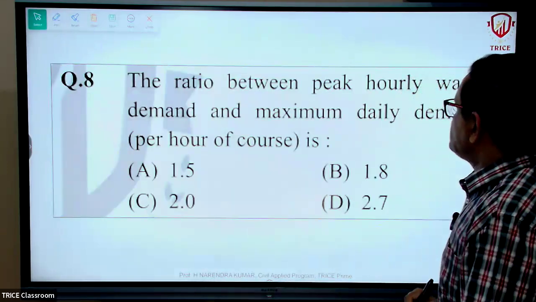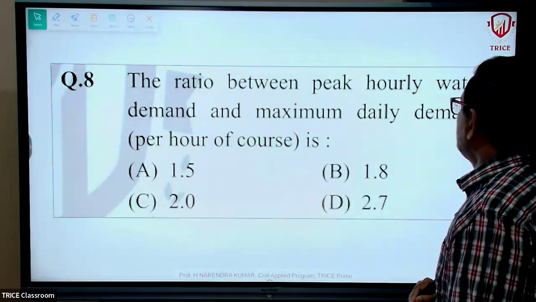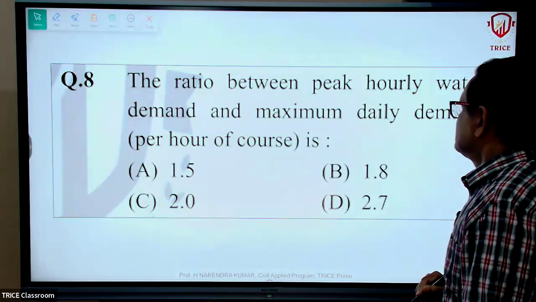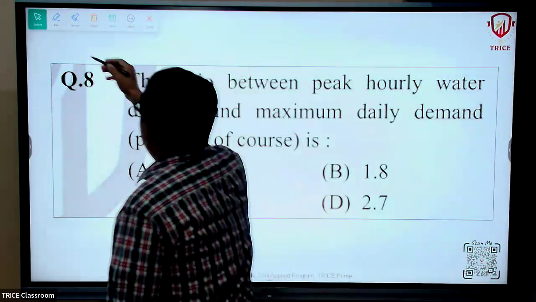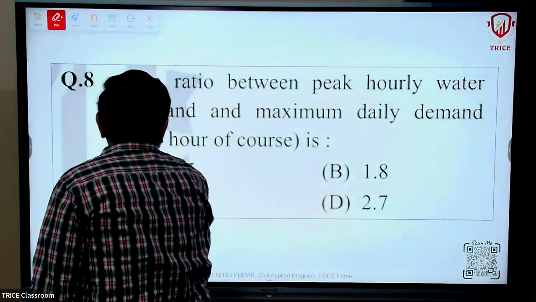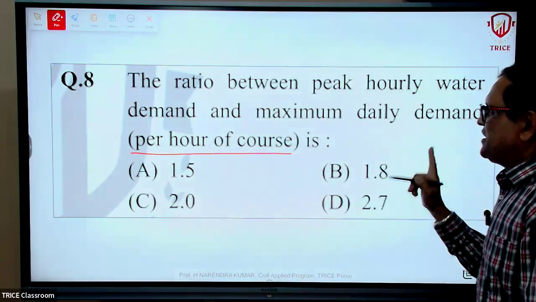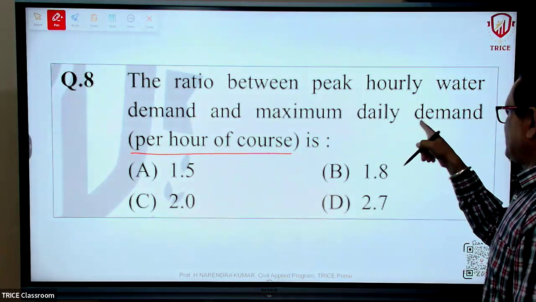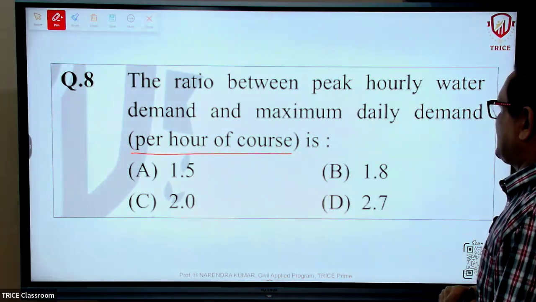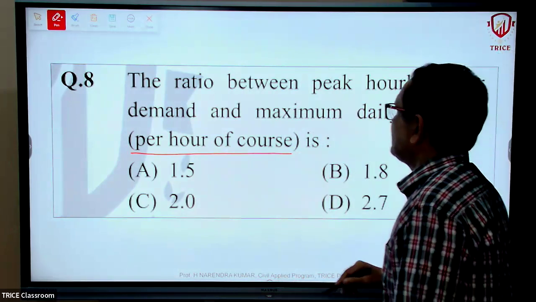Next one. The ratio between peak hourly water demand and maximum daily demand. Per hour, of course. That is why they safely add this terminology in the question. So on a per hour basis, you need to calculate maximum daily demand on the hourly basis.